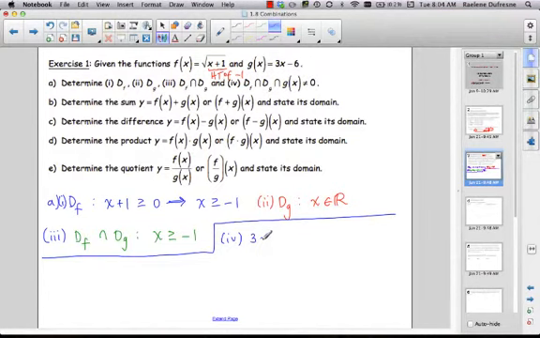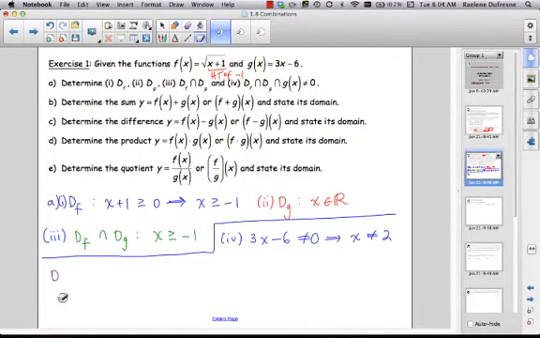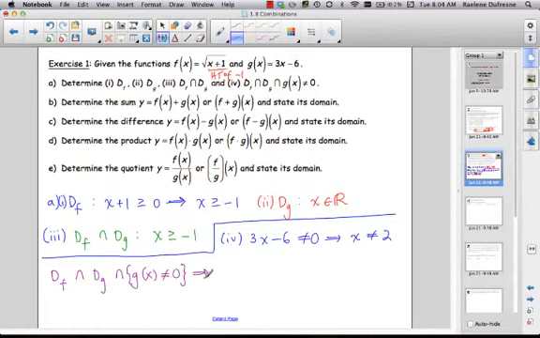So if we set 3x minus 6 not equal to 0, this tells us that x is not equal to 2. So from here, we can refer to df intersected with dg, intersecting with g of x not equal to 0. Just going to put that in curly braces.